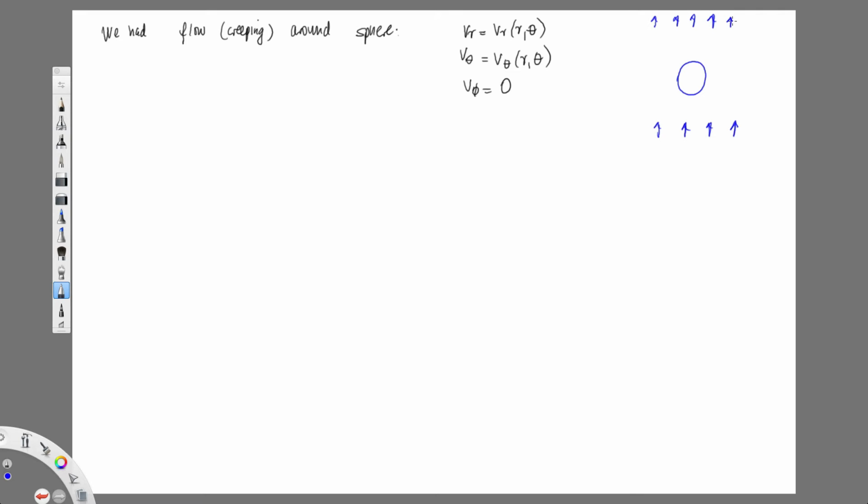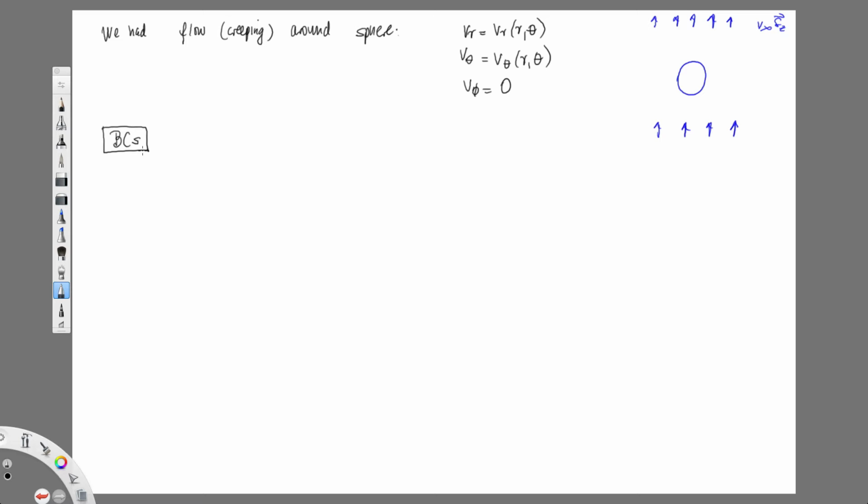I had that V infinity in the z direction. So my boundary conditions, that was our first exercise, was actually translating those boundary conditions.